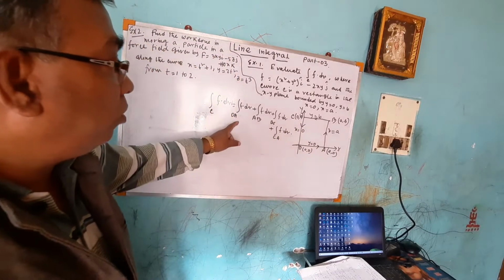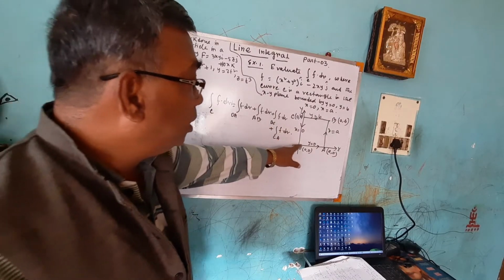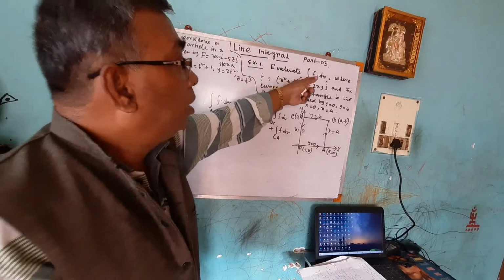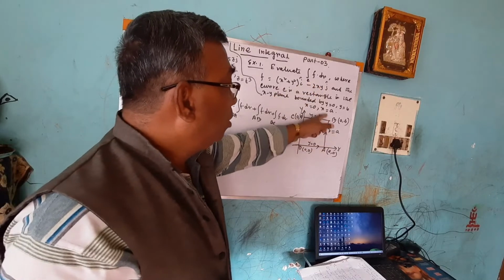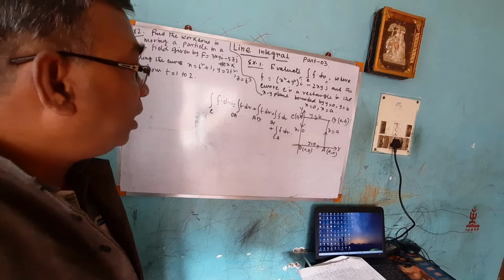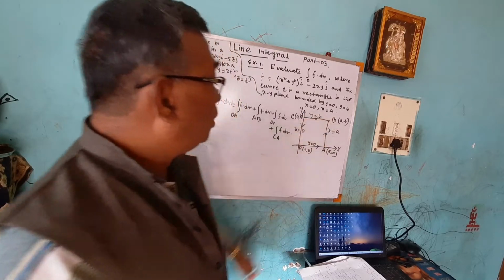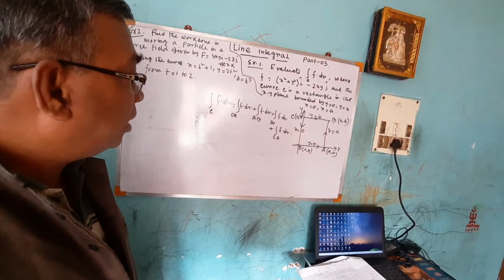After getting the value along OA, along AB, along BC, along CO, we add all these values, then we get the required value along C. The curve C is a rectangle in the XY plane. I think everybody understood very clearly.